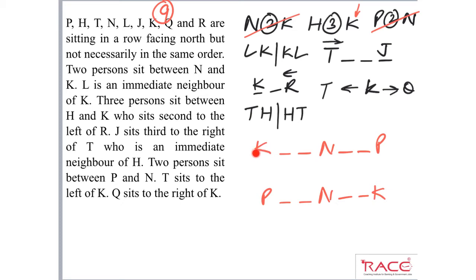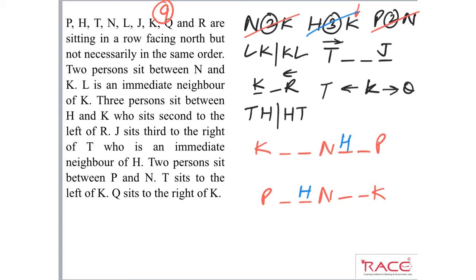Similarly, in this case, if I place H to the left of K, there will be what? More number of person than 9. Second, here, what I will do, I will place K, H here. In this case, 3 person, 1, 2, 3, H here. In this case, H will be here. So this information is also done.